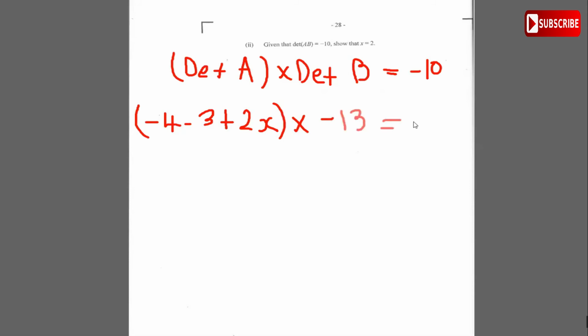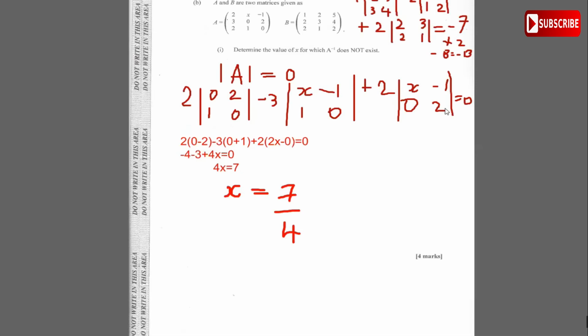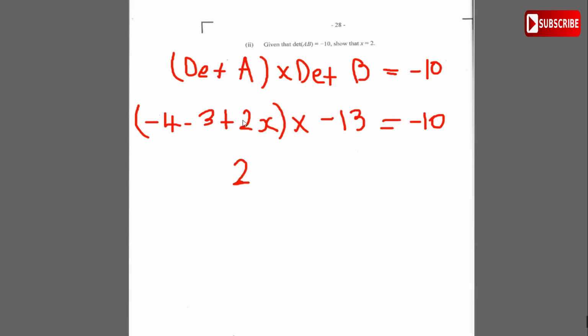This is equal to negative 10. So this expression is really 2x minus, is it 2x or shouldn't it be 4x? 2x times 2, yes, this was supposed to be 4x. So the expression is now 4x minus 7 times 13.